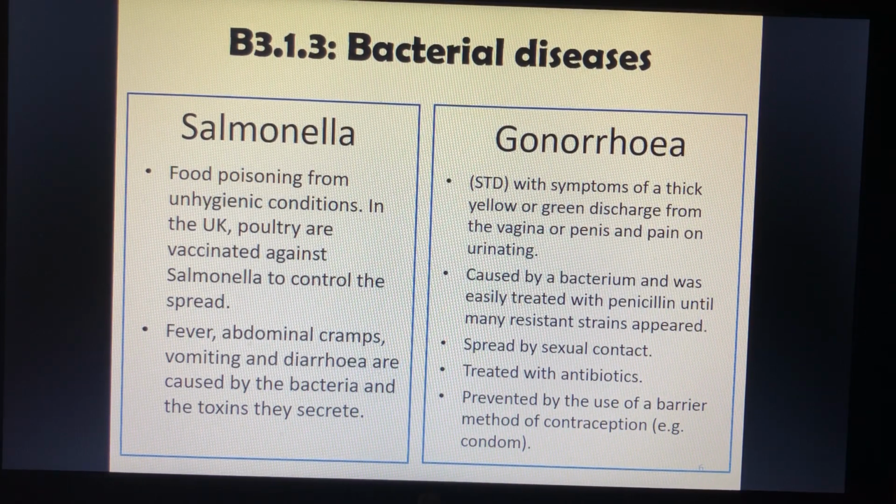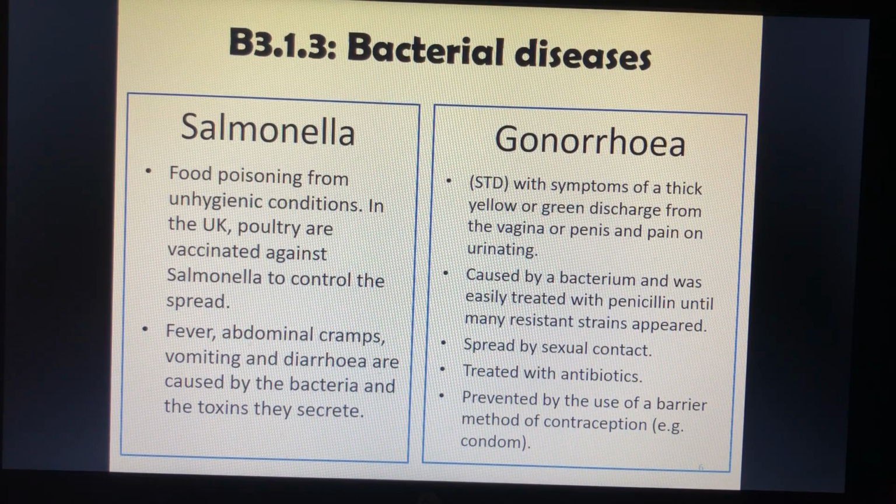It's giving the bacteria an opportunity to multiply on that food in those warm conditions. We've got symptoms of fever, cramps, vomiting, diarrhea, and these are all caused because the bacteria are releasing those toxins that we talked about earlier.